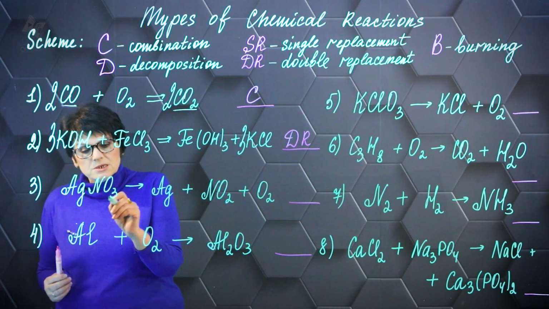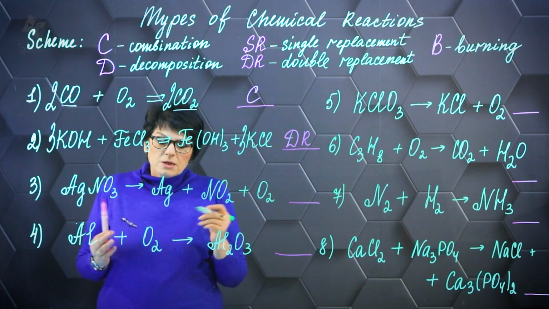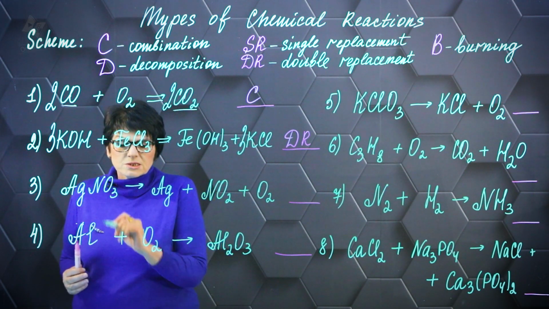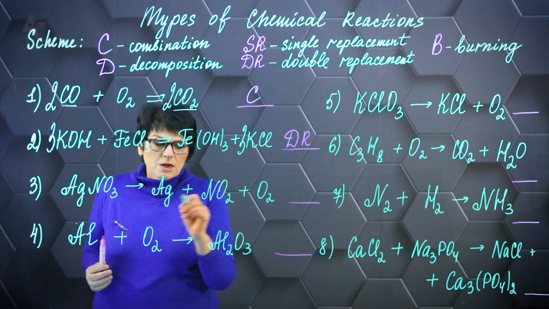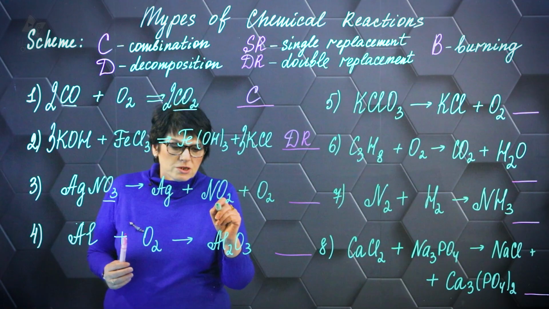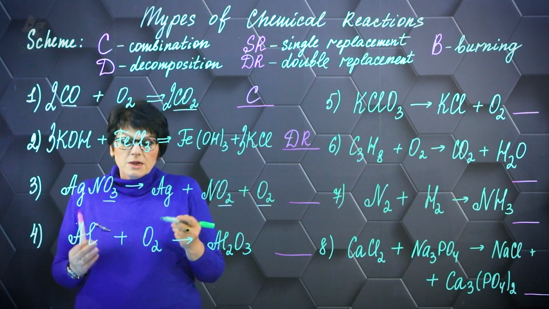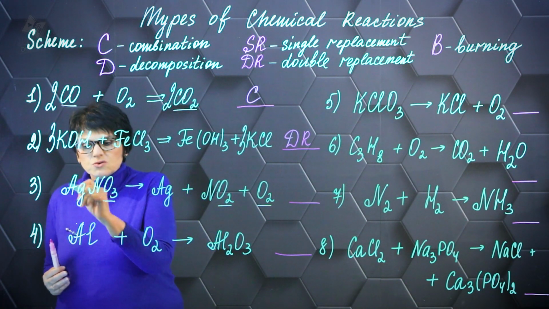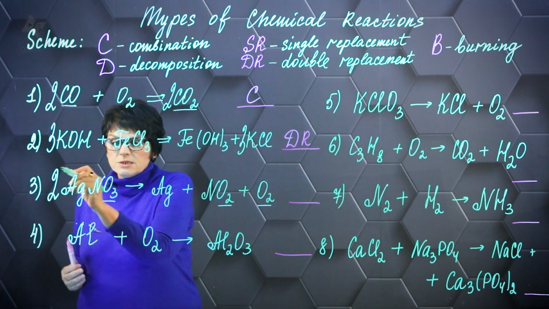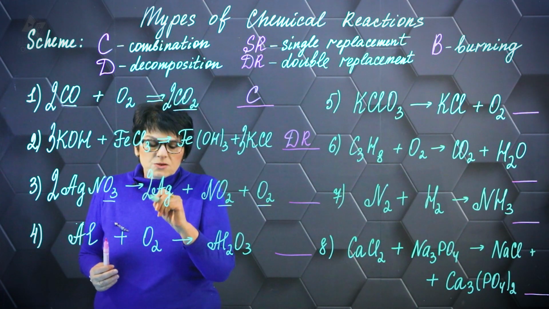Moving on to the next one. Silver nitrate has produced silver, NO2, and oxygen. Let's start equating. We start with the one whose index is greater. Oxygen on the left side is 3, odd, and on the right side is 4, even. So we started with oxygen. I would like you to notice this point here again. Now where it's odd and even, we'll put a factor of 2. Now next, silver on the left side we have 2, on the right side we have 1.